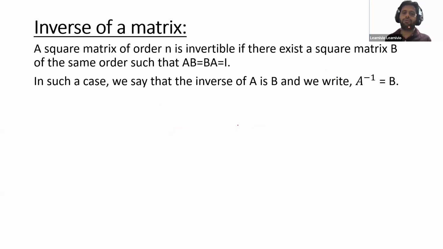Okay, very good. So if we have a matrix A and we multiply it with matrix B and we get identity, and the same thing happens if you multiply in this way, A should be a square matrix. And you are getting identity, then you will say that B is the inverse of A, and the inverse of A is denoted by this sign, A inverse.